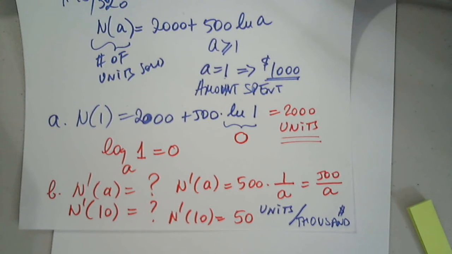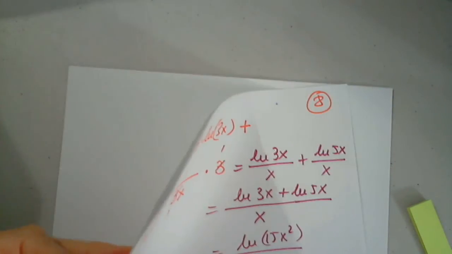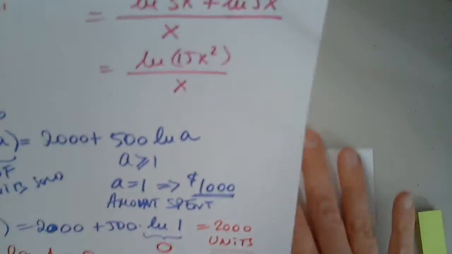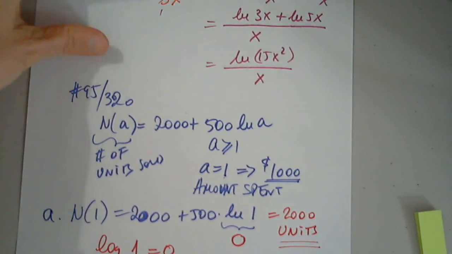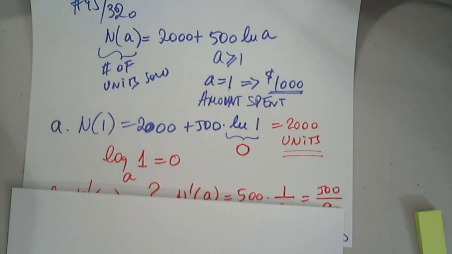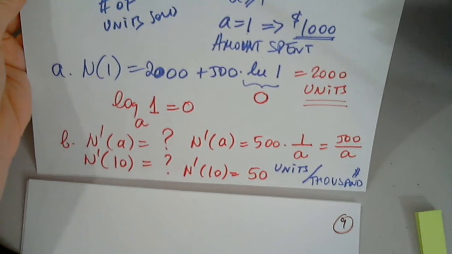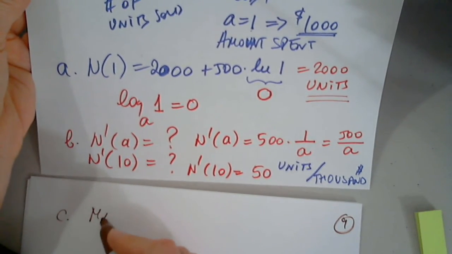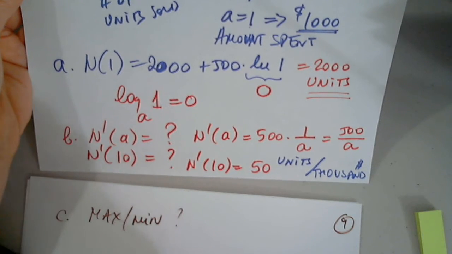It says find the max and minimum values if they exist. So let's find maximum or minimum or both. So let me go to question C. Okay, so question C, find max min.